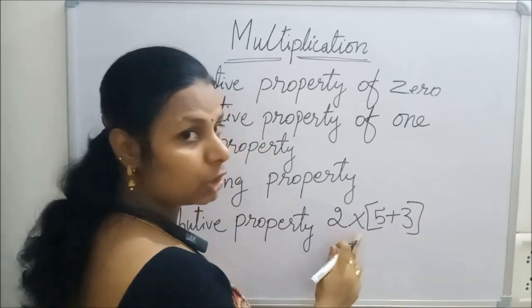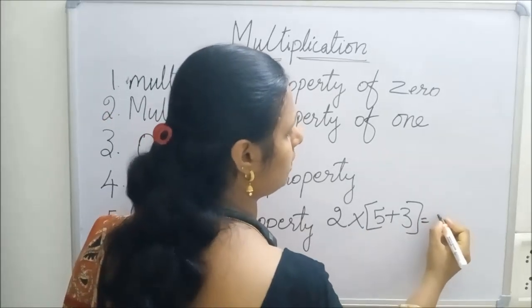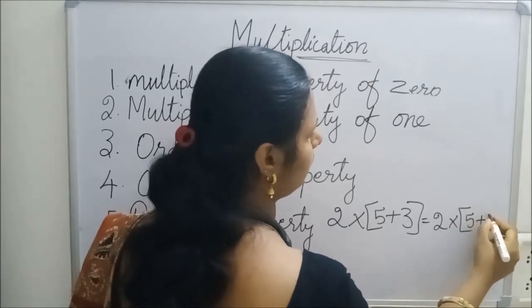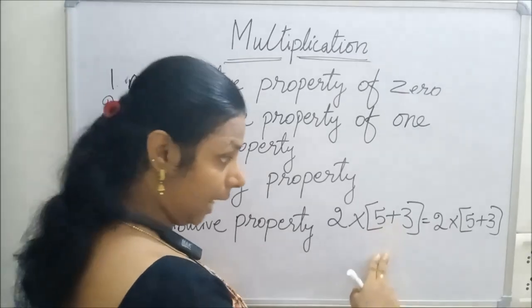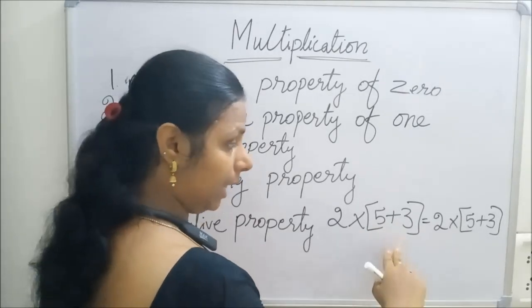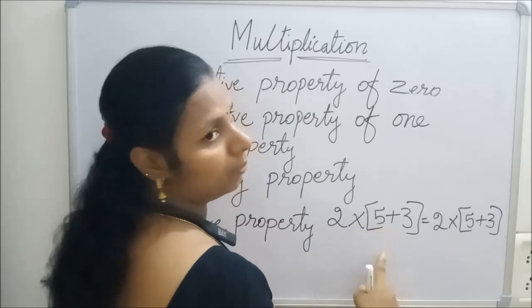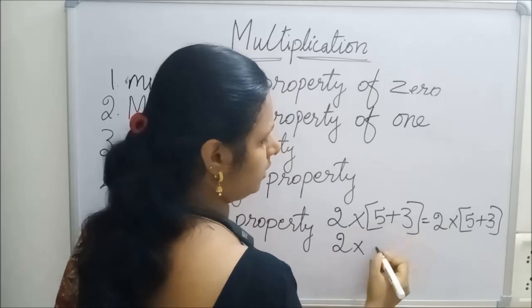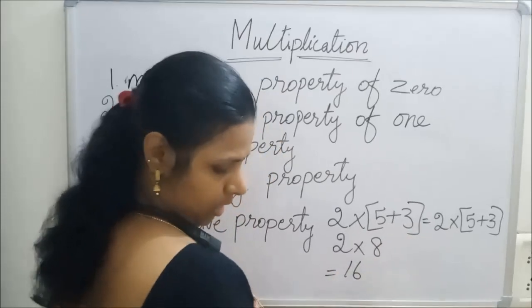Okay, one multiplication also is there, addition also is there. In 2 ways I can do. One thing, I can add the numbers and I can multiply this 2 by that sum. Just first you add the number, 5 plus 3 is 8, then 2 8s are 16. ये भी कर सकती हूँ.